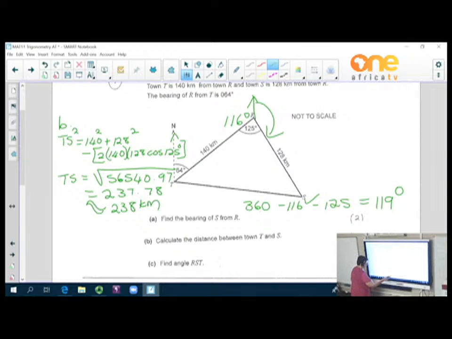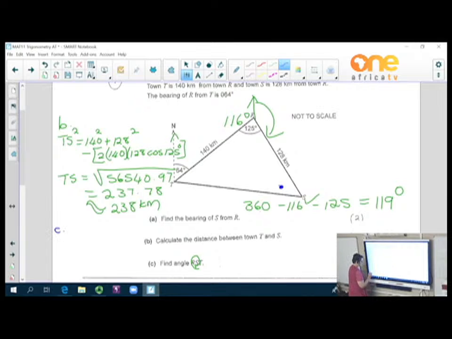And then they ask angle S, RST. So now we need to find this angle here, RST, and I will use the sine rule. Opposite sides, opposite angles that I have there.